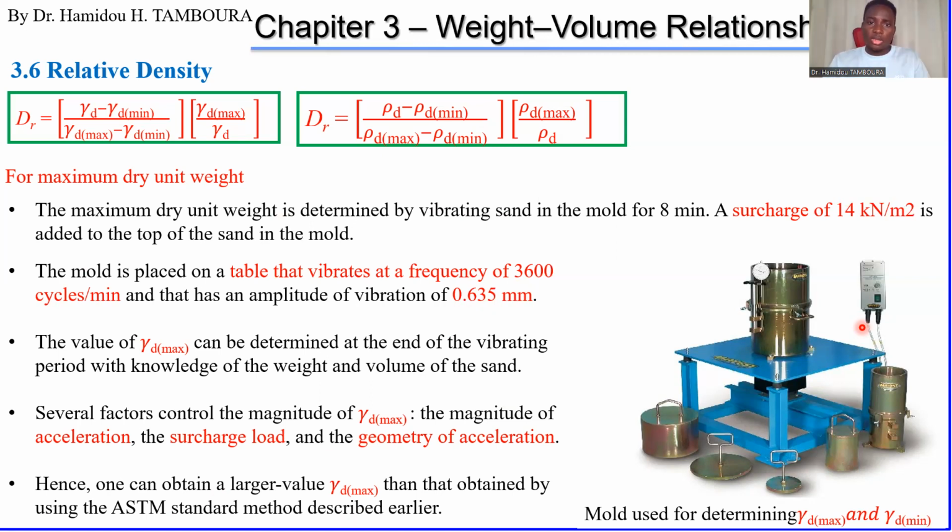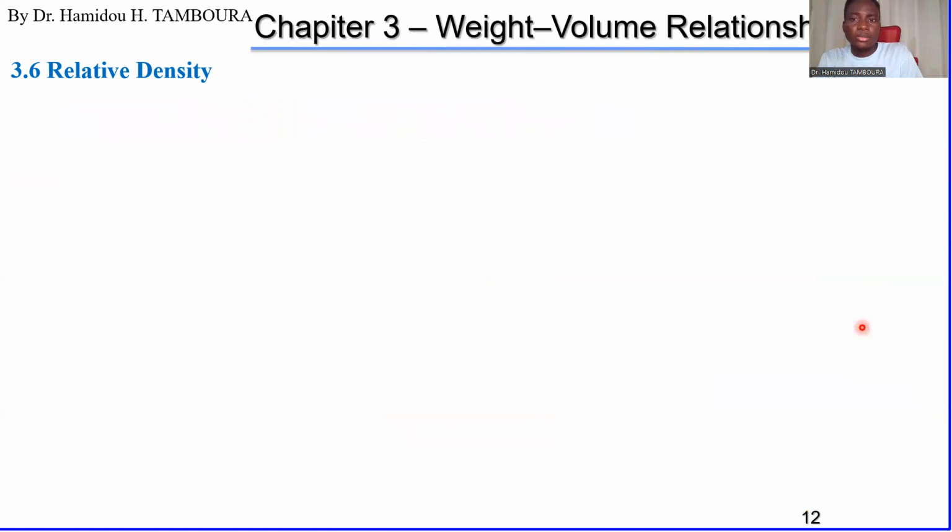Don't put the whole sand at once. Put it step by step. For every step you vibrate with flow. You add more, you vibrate, you add more, you vibrate until you reach the maximum volume. Okay, yeah, you can do that also.